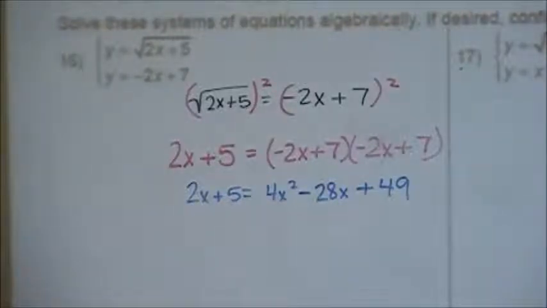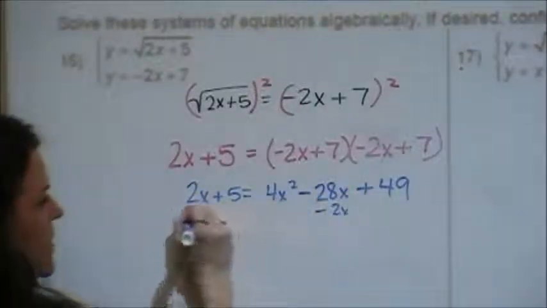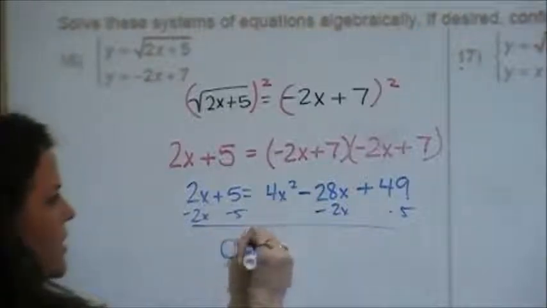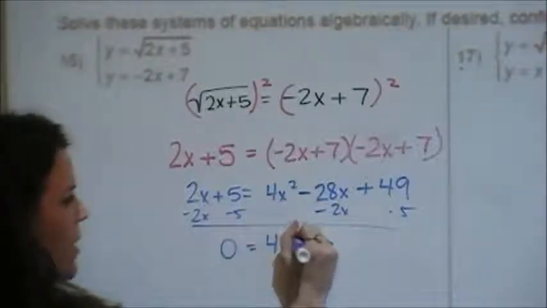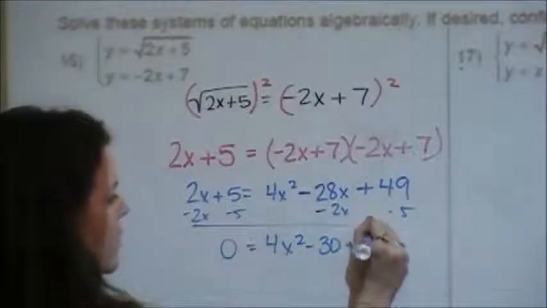Now when I get to this step, I'm back to solving a quadratic. So this time I'm going to move everything to the right-hand side in order to solve my quadratic. So I'm going to subtract 2x from both sides and subtract 5. So now I have 0 equals 4x squared minus 30x plus 44.